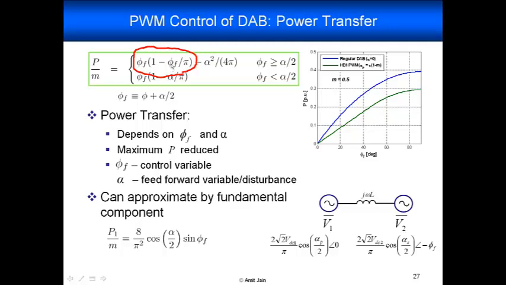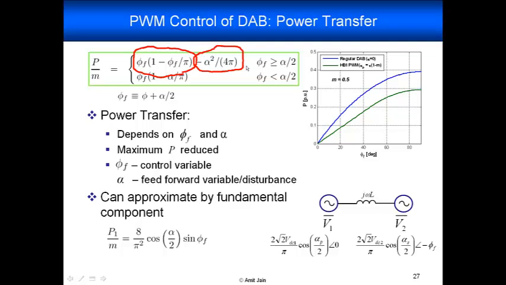So what we are essentially doing is changing the power transfer by this quantity, negative alpha square divided by 4 pi. Essentially we are reducing the power transfer capability of the converter to some extent. And also there's a subtlety in the power transfer.